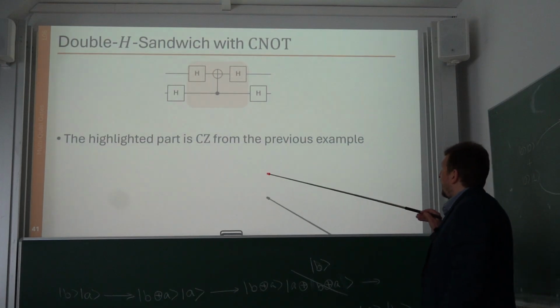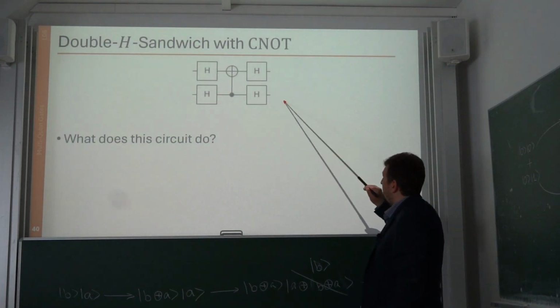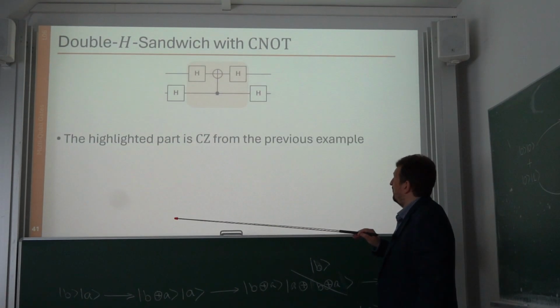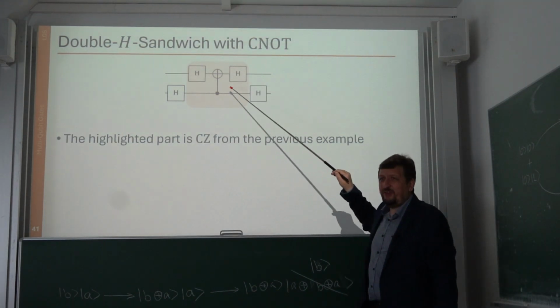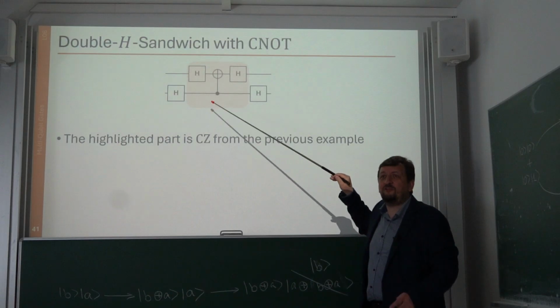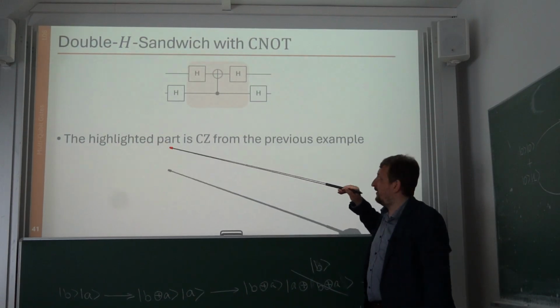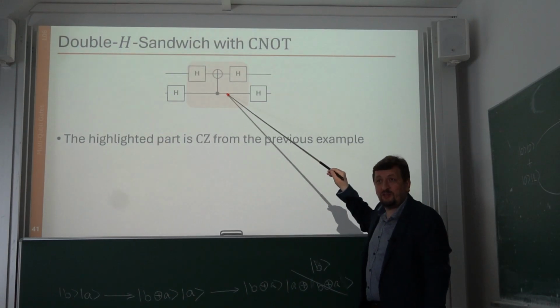So first of all, I can rewrite this circuit. I can move this gate a little bit further away because it doesn't matter. And what I have here is a single H sandwich that we just considered. And this is a control Z gate.